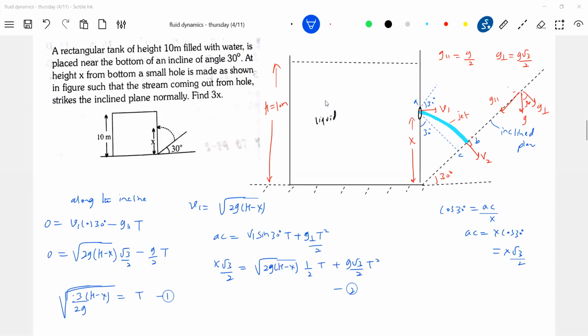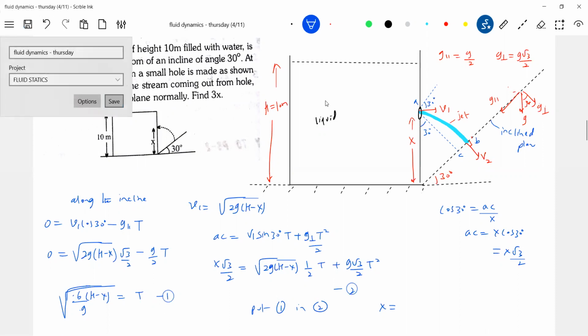Here one. Yeah, okay, this one. 6 by G H minus X. Yeah, 2 will get cancelled, no? Now substitute, put 1 into 2 and solve for X, you'll get the required answer. Do the calculation later on. I'll go for the next problem. Okay.